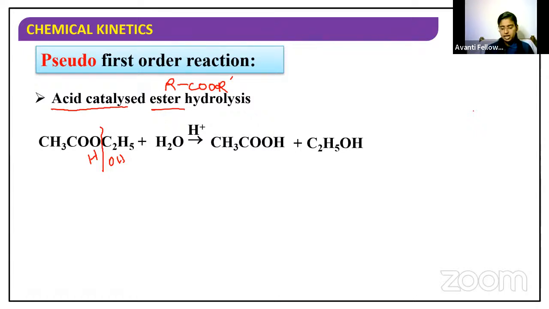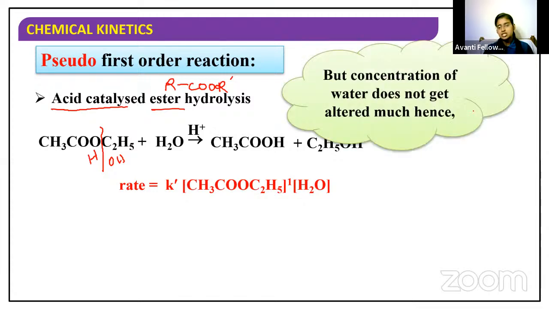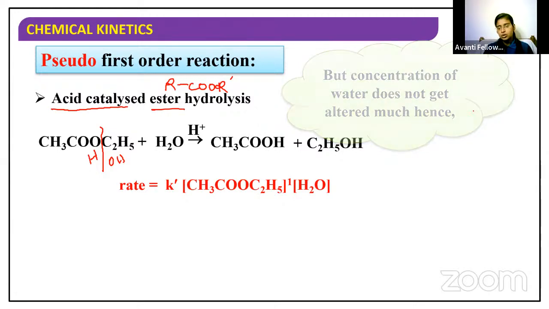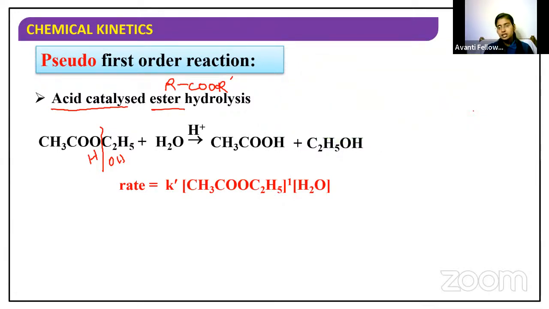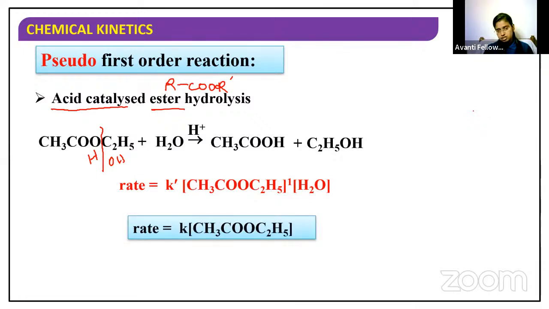But the rate of the reaction depends only on the concentration of ester. Concentration of water is taken to be 0. But the concentration of water does not get altered much. Hence, we are neglecting that and writing the rate equation like this.